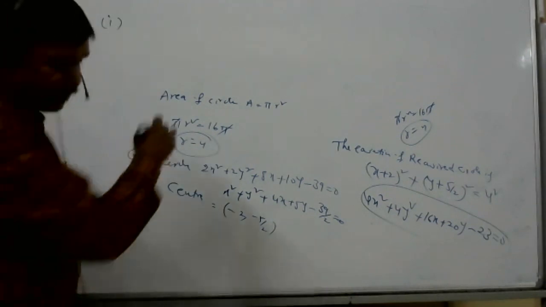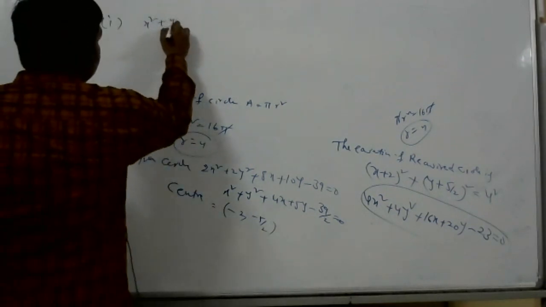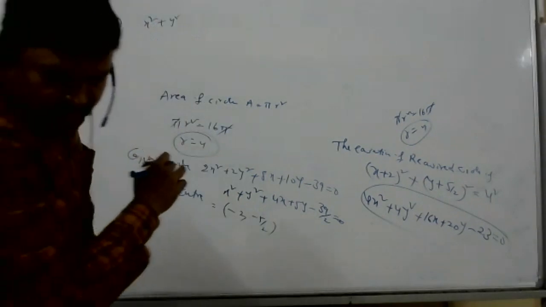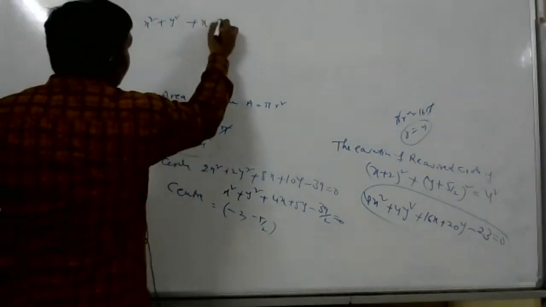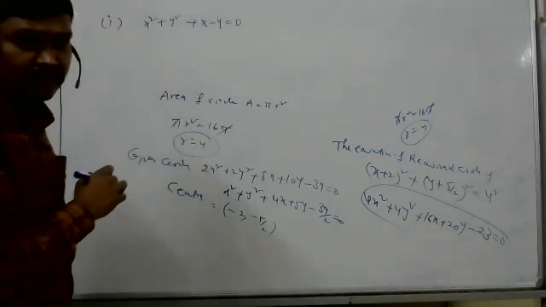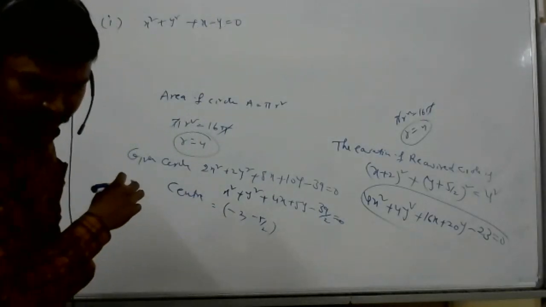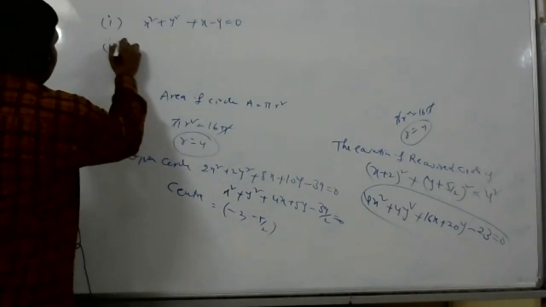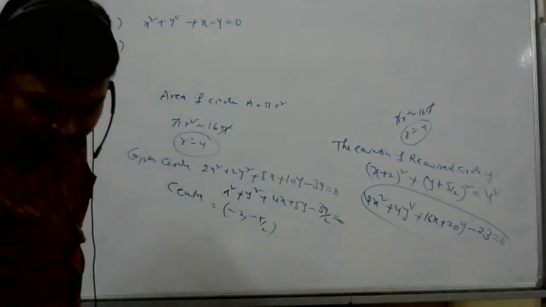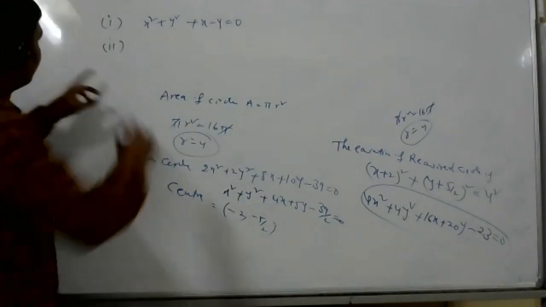First one, x square plus y square plus x minus y is equal to 0. Question number 7.